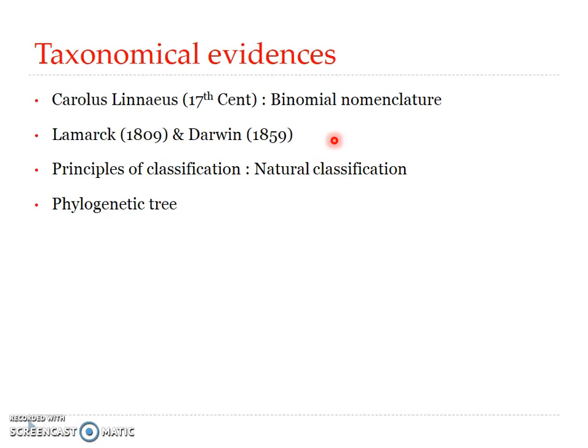The classification based on natural interrelationships existing between the different animals or animal groups is known as the natural classification. And in the natural system of classification, the animal kingdom has been divided into large groups, which are referred to as phyla.